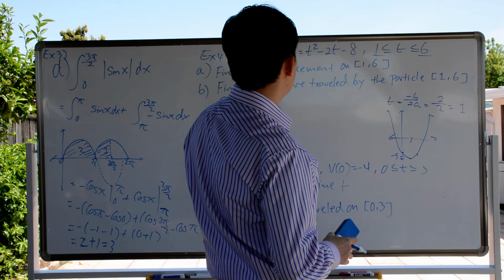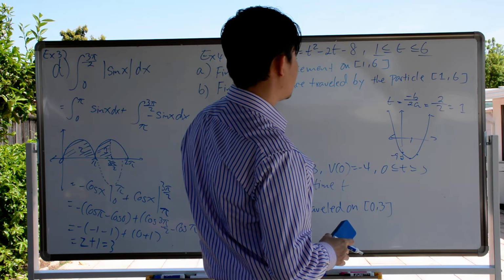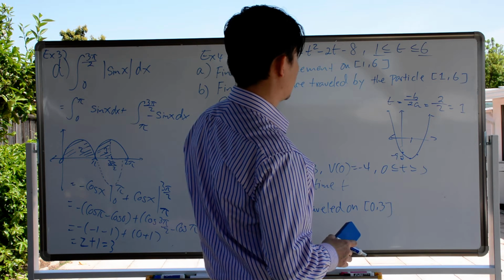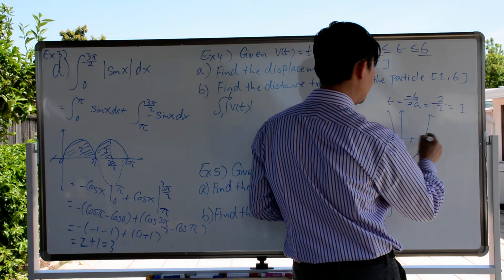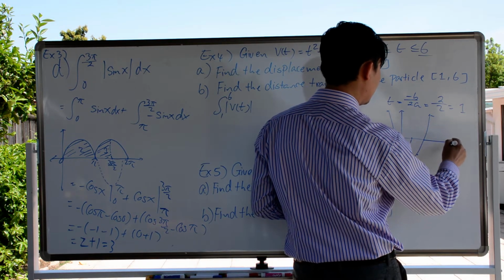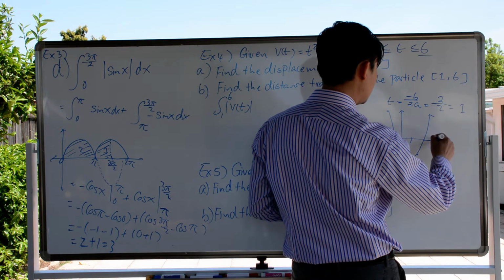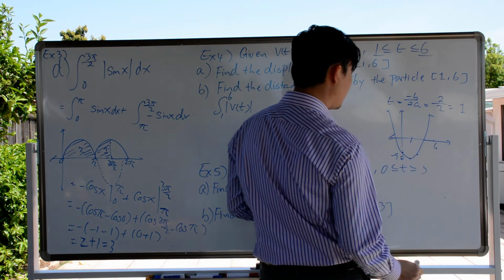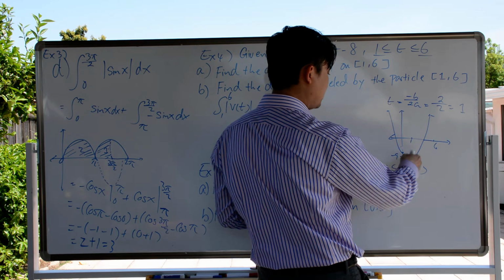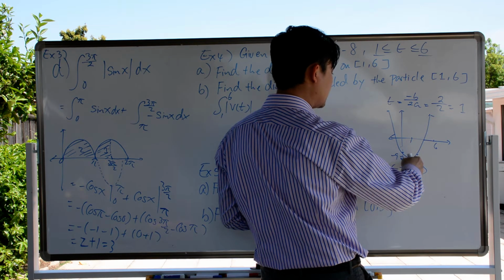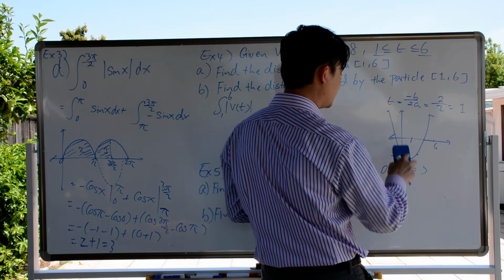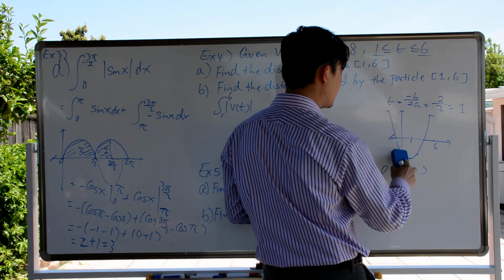Okay, so another thing we've got to be careful with: it's from 1 to 6. Okay, so 1 to 6, that's the time interval. So 1 right here, so that means you want to flip this one over. Once you flip it over, this one turns out to be like this, because that's the absolute value.